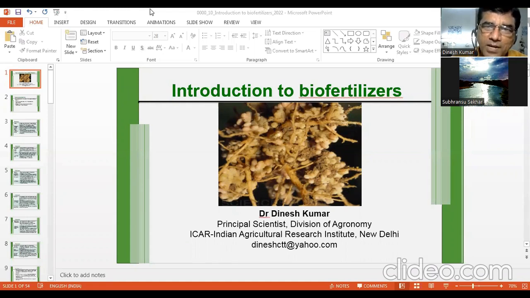Today you will see a variety of roles being played by biofertilizer. They not only solubilize the nutrients and help in their uptake, they also help in producing vitamins, in solubilizing certain nutrients, and also releasing some enzymes. So multiple roles are being played by biofertilizer.